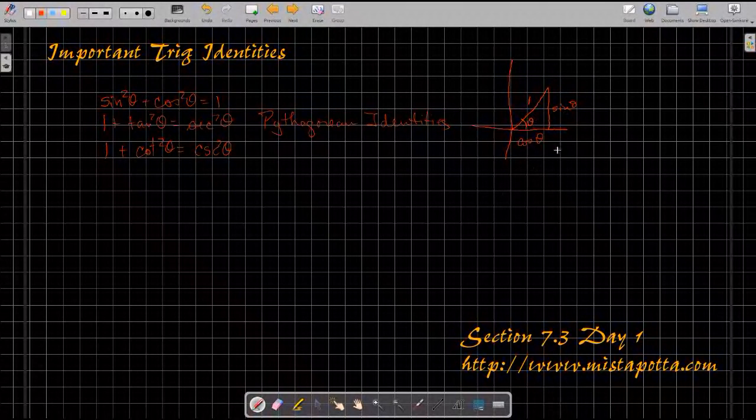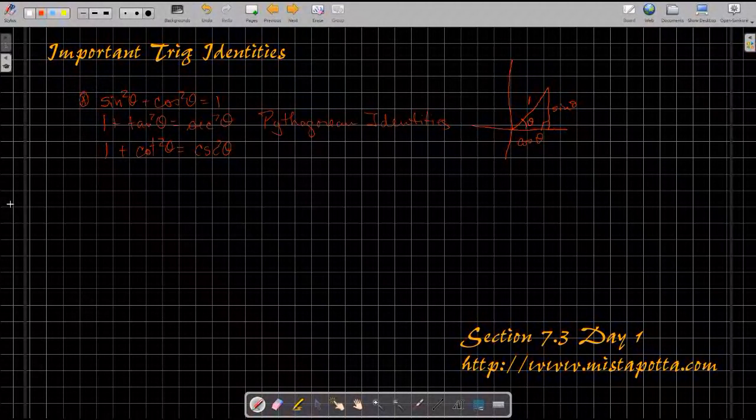And so all of these can be determined either by the Pythagorean theorem or taking this first identity and dividing each of the terms by sine squared or cosine squared.